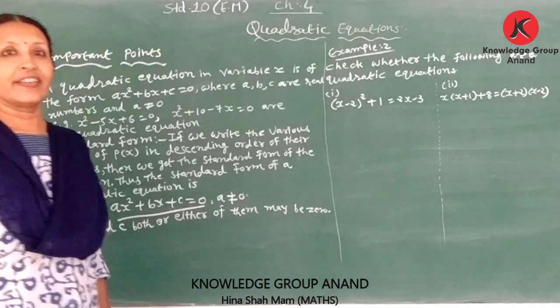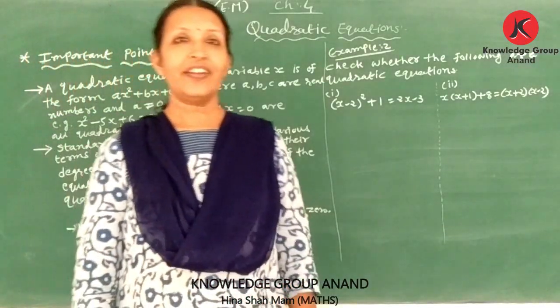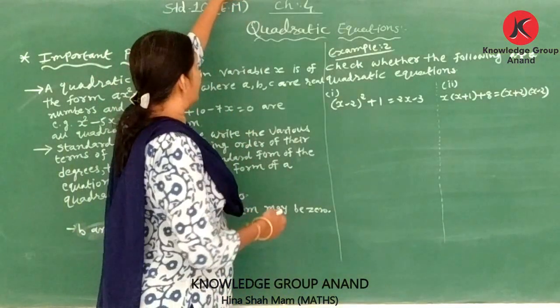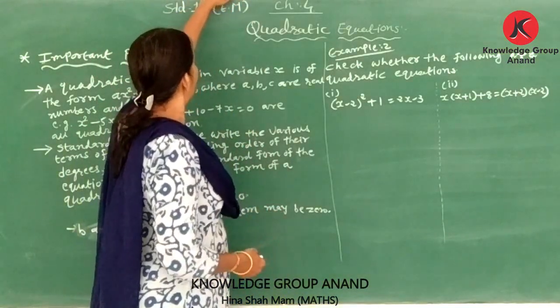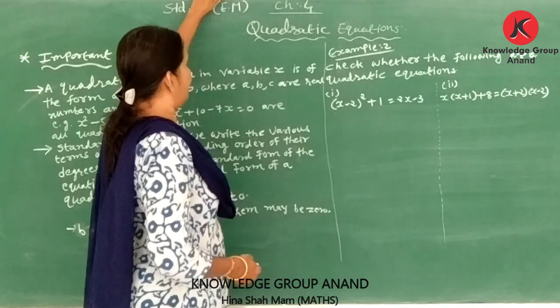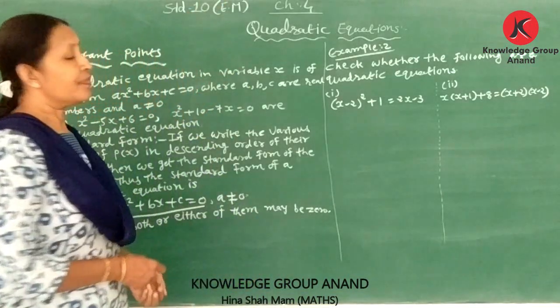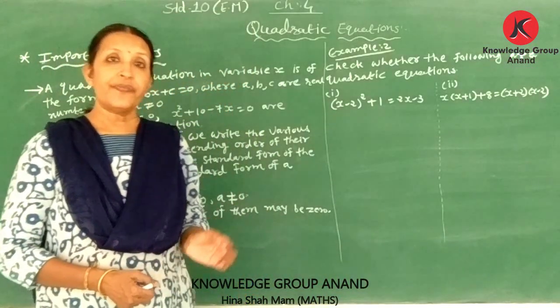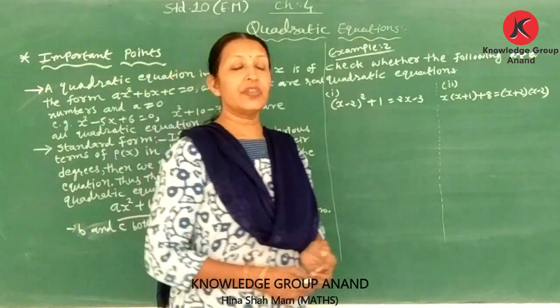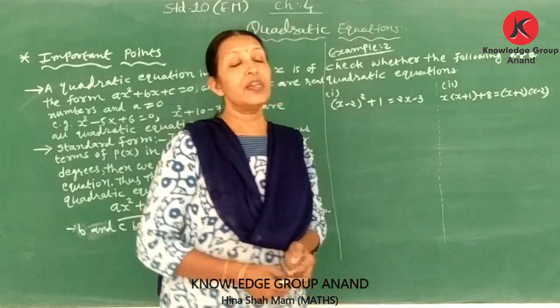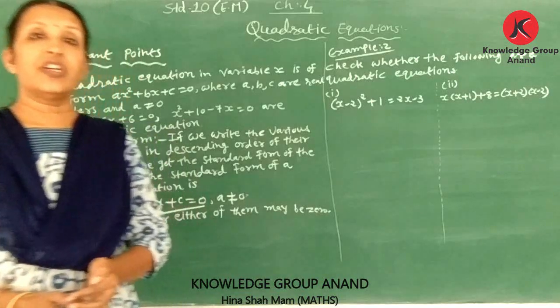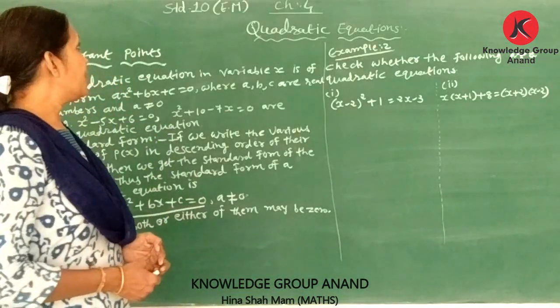Good morning. We start our chapter 4, quadratic equations. We completed our first chapter, second chapter. First chapter is real numbers, second chapter polynomials, third linear equations in two variables.